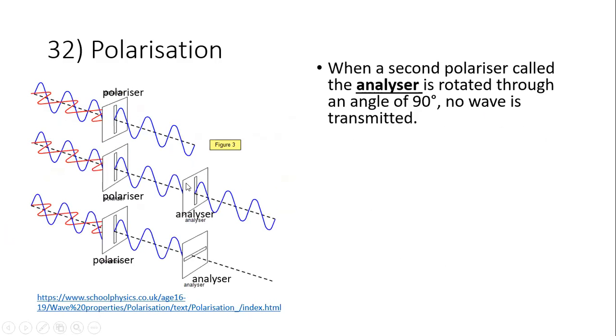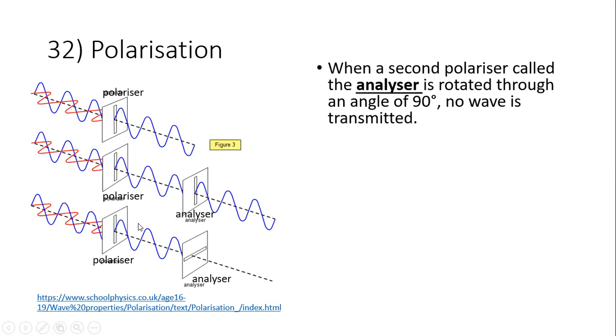If the slot is parallel, then you have the same wave passing through. That's why we call it the analyzer. By rotating it to 90 degrees, the two slots at 90 degrees, nothing will come out. Then we know it is polarized.